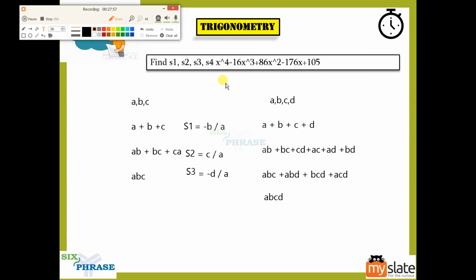It will be minus B by A for this one, and for this one it is C by A. For the next one it is minus D by A. So you have to go to the minus again. Minus D by A, and for the final one, guys, it is plus E by A.